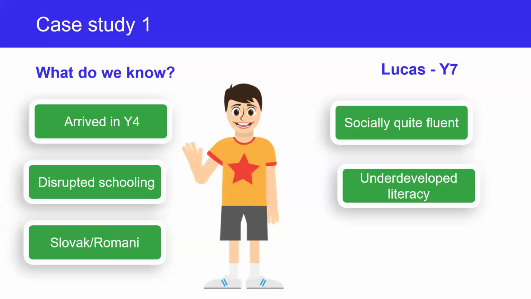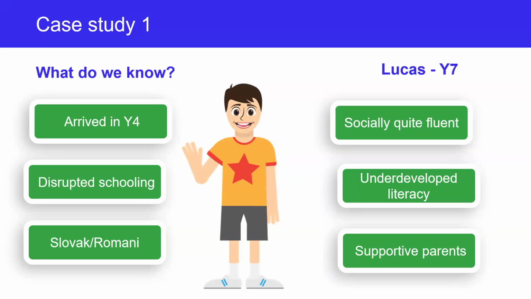He's got underdeveloped English literacy skills, as well as very poor reading and writing proficiency in his home languages, again linked to limited and disrupted schooling prior to coming to the UK. But what's really important, and I think Sarah's picked up on this as she's gone through her guidance, is that he has really supportive parents who want him to do well in life. This is an important bit of information to know about.